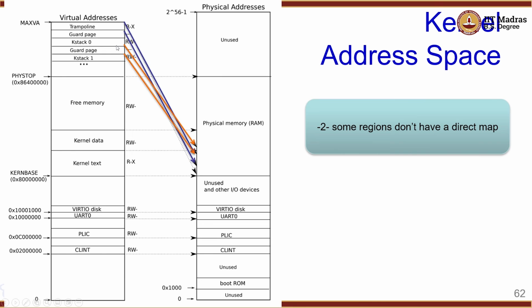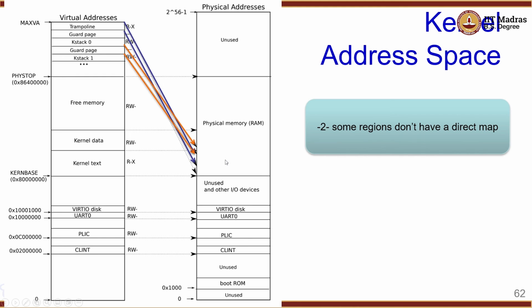So what does this mean? It means that at the address present over here, kstack 0 in the virtual address space, there is some page translation which converts this particular virtual address to some physical address in this range of close to 80 million. Similarly, the trampoline, the guard pages and so on are translated from this higher address in the virtual address space to a physical address in the region of 80 million or so.